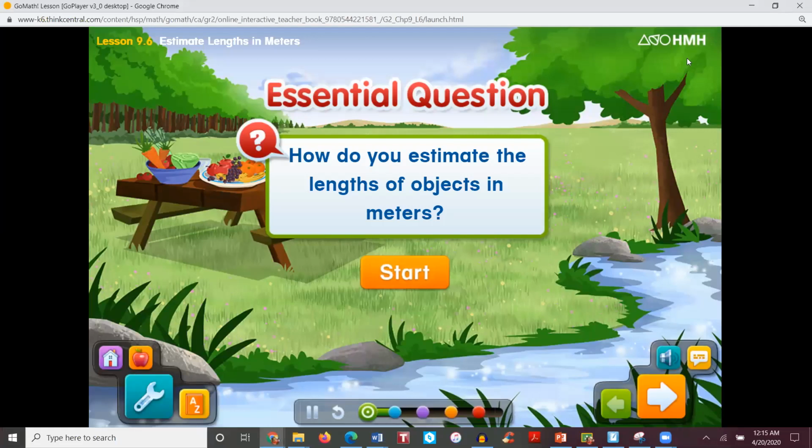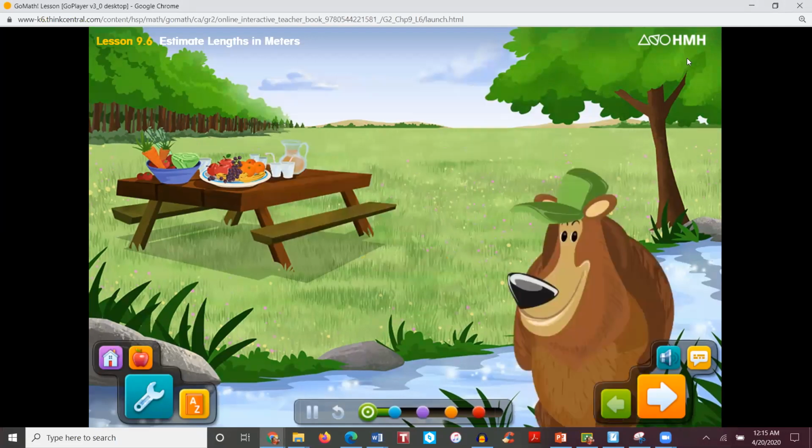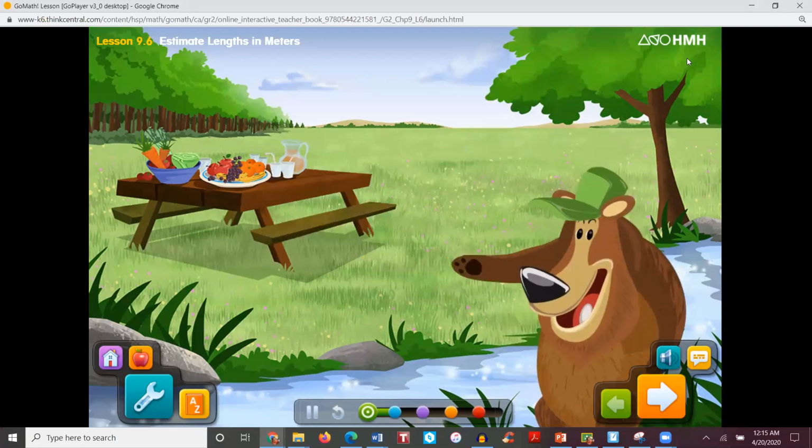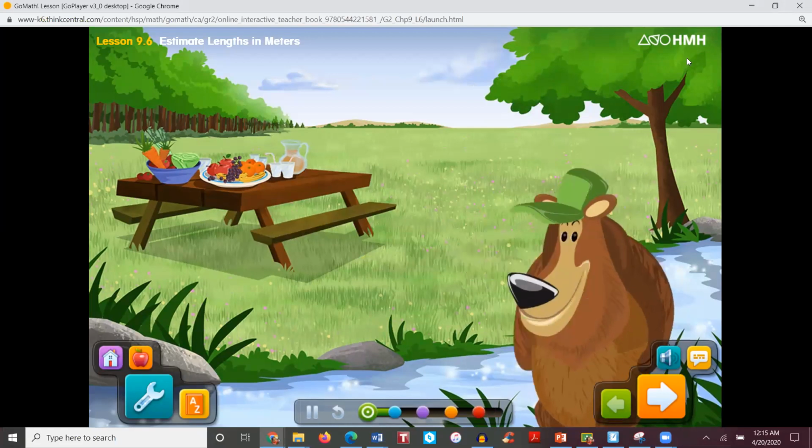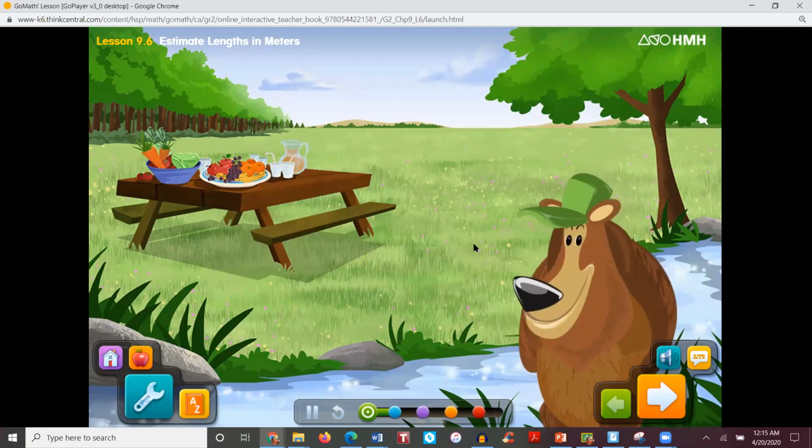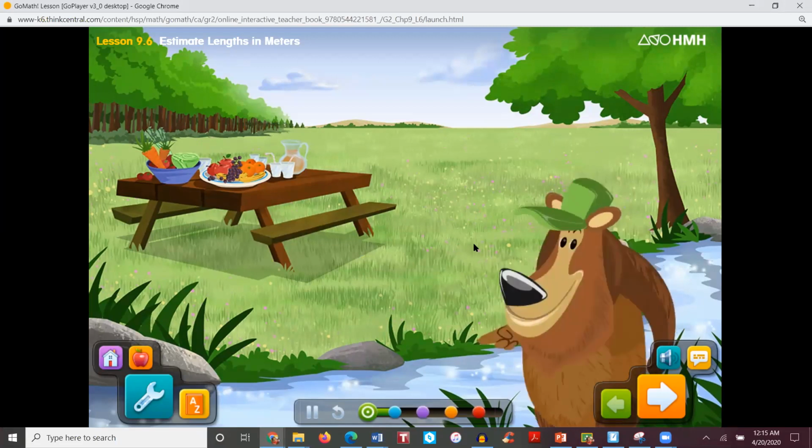How do you estimate the lengths of objects in meters? Hi there! Our park is a popular place for picnics, so we have a lot of picnic tables. This morning, someone was asking the park ranger about the length of this picnic table.